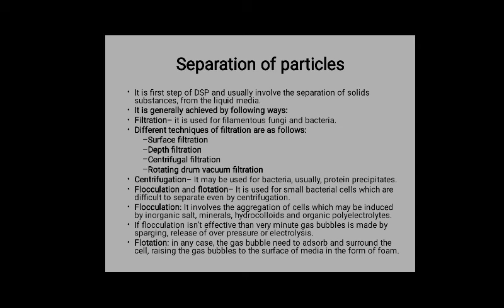The gas bubbles absorb and surround the cell, and on raising them to the surface of the media, they form foam. These solid particles then adsorb to the surface of the cell, and they float on the surface, and we can separate out the froth or the foam from the surface of the liquid media.